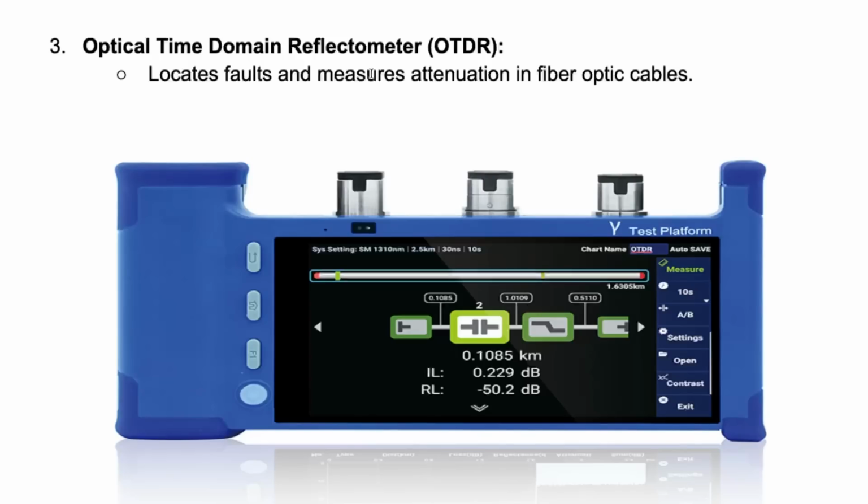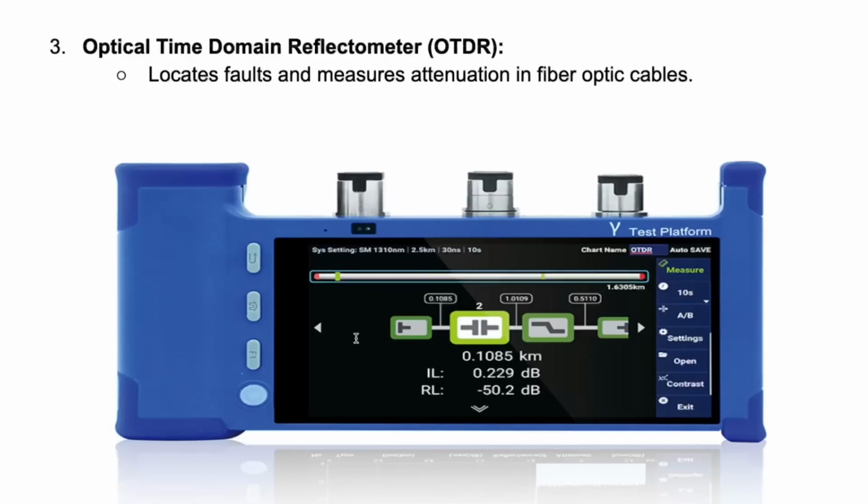Now, this pretty little device right here is the Optical Time Domain Reflectometer, the OTDR, and as the first word implies, this is for fiber optic cables. So it essentially locates faults and measures attenuation in fiber cables specifically. And this just looks fancy. It looks like a really modern, cool type of device, and it even has a handle that you can easily grab with one hand and walk around with. And the screen just looks so cool.